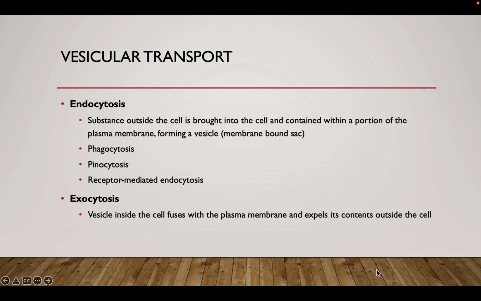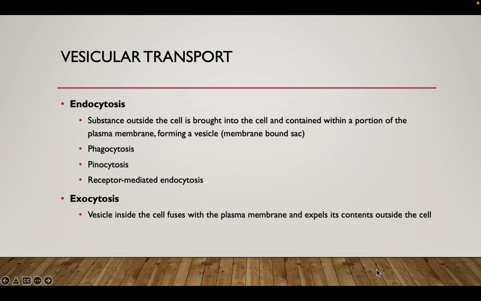So types of endocytosis: there is phagocytosis. This is this idea of cell eating. So sometimes there are phagocytes, macrophages, and things like that in the immune system that will bring in and phagocytize foreign debris, foreign cells, old dead cell parts, things like that. Bring them in, and then oftentimes this will fuse with a lysosome and it will degrade and break down whatever it was that was phagocytized.